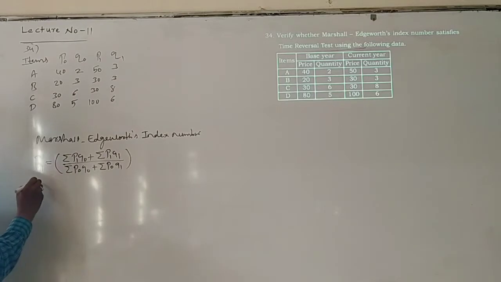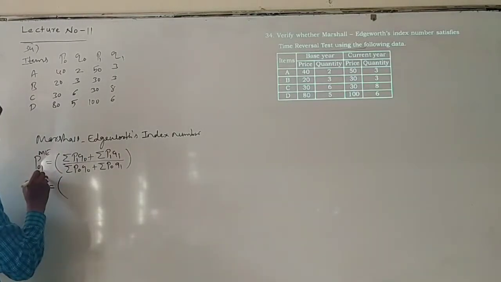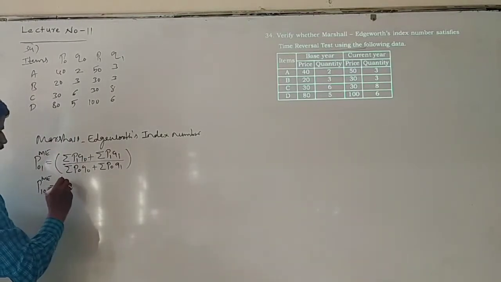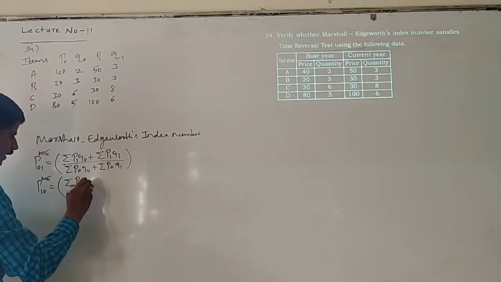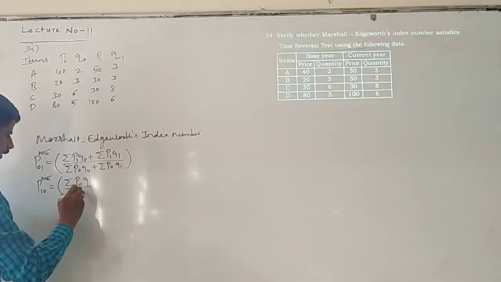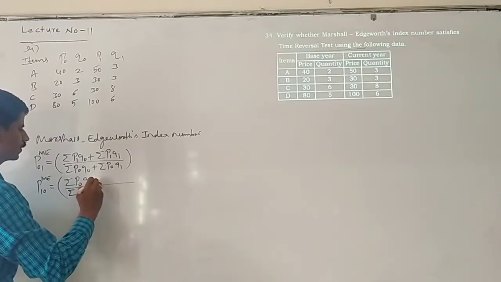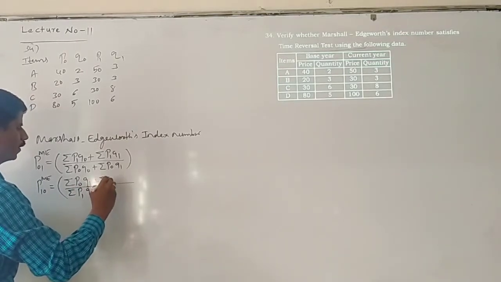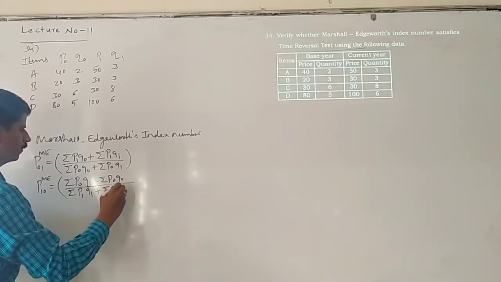Okay, next we want P10, interchanging the base year and current year factors. Here it is the ME Marshall-Edwards price index number. Here P1 is there, we take P0, Q1 is there, we take Q1, divided by sum of P0 is there, we take P1 Q1 plus sum of P0 Q0 plus sum of P1 Q0.